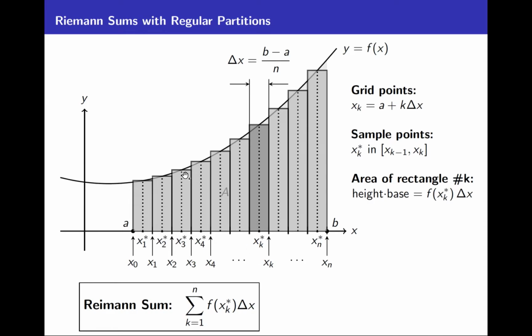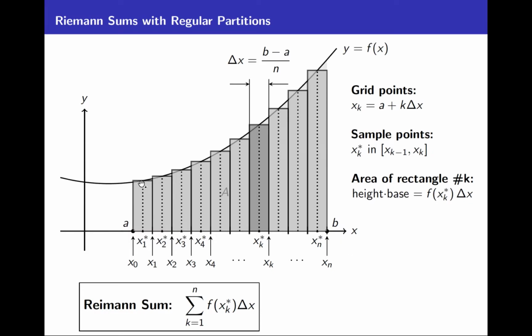Because after all, if this function ever dipped down below the x-axis, f of a sample point could be negative, and you wouldn't want to think about that as area. But however you look at it, the Riemann sum is the sum of height times base of all the rectangles added up together.